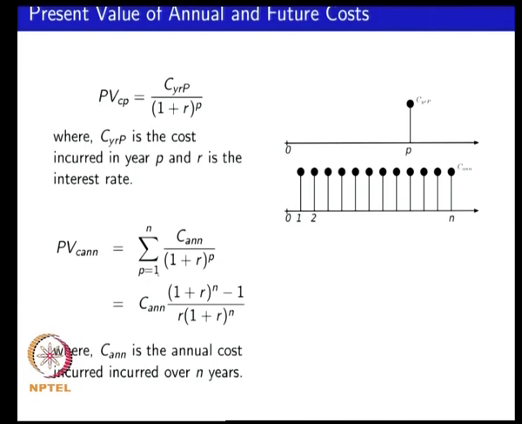So you have a summation from 1 to n years over which you are operating the equipment, and the summation can be simplified to a fairly simple expression such as what is shown here.